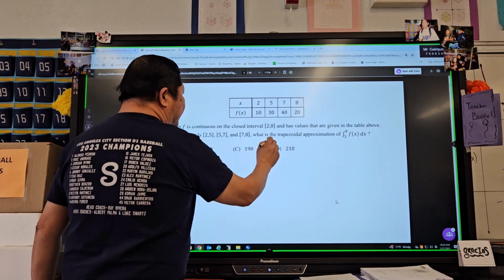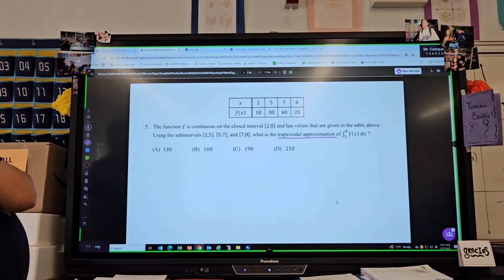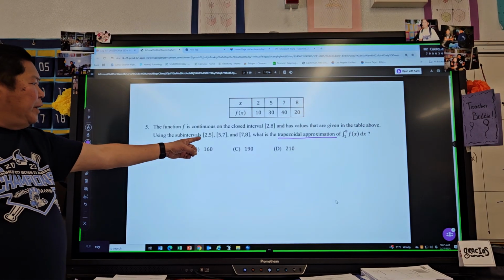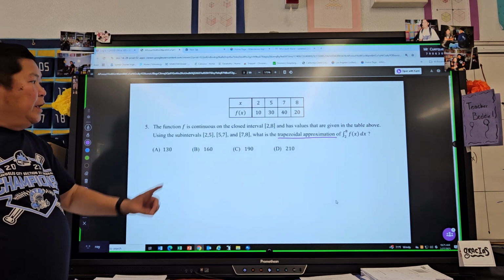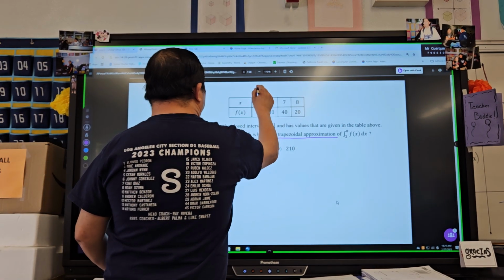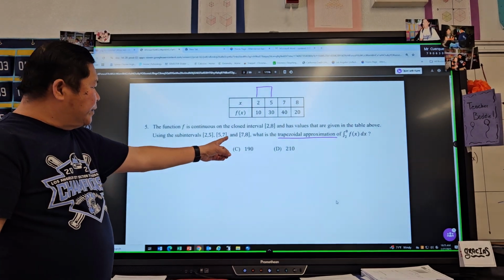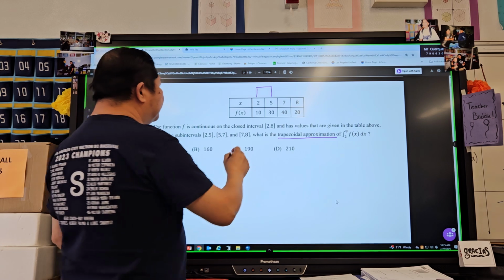So I'd like you to highlight the trapezoidal approximation using these sub-intervals. So the first sub-interval is from 2 to 5. The second sub-interval is from 5 to 7.